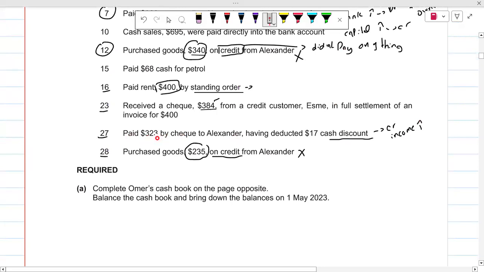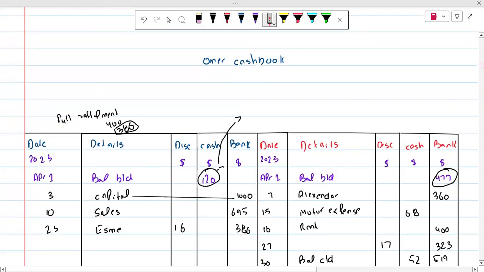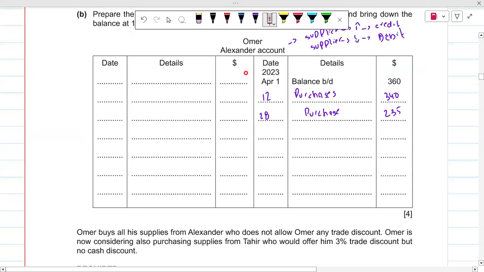We paid a $323 check to Alexander. So it means that we have paid two times to Alexander. We will record these transactions on the debit side because our supplier Alexander is decreasing.